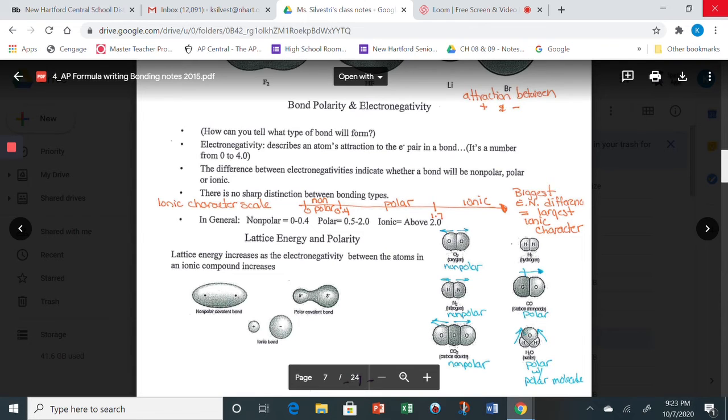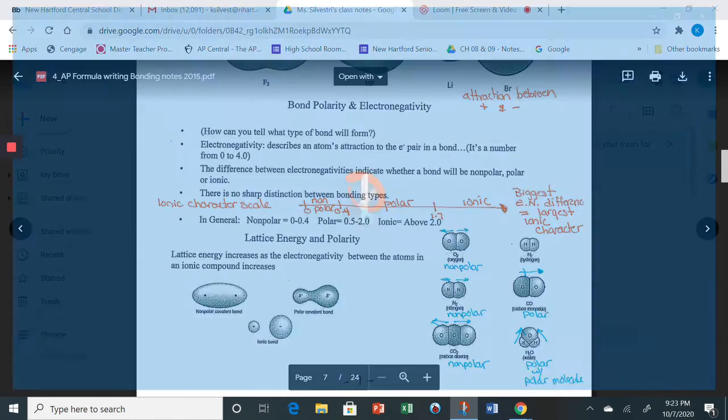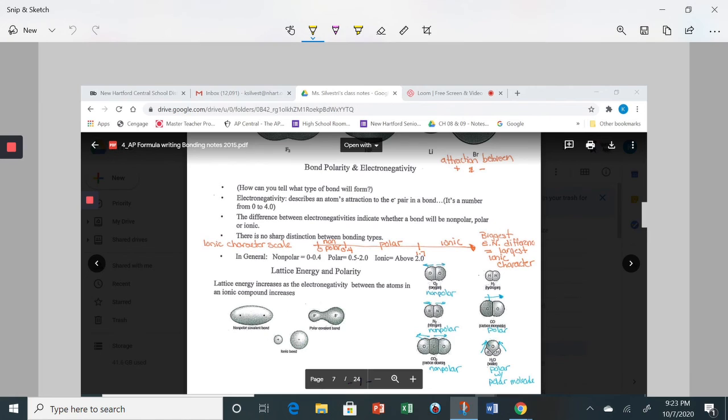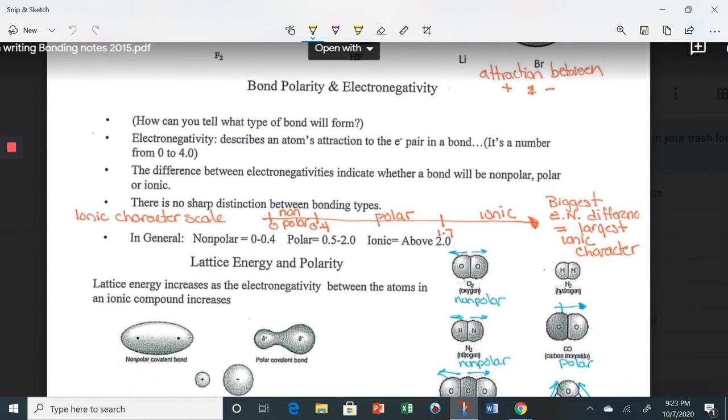Okay? So looking at this just goes through and says, well, what do we look at when we are asked to determine what type of bond it is? Well, first, I always ask, is it a metal? Do we have a metal with a nonmetal, or 2 nonmetals?